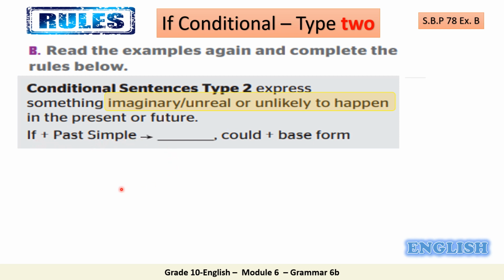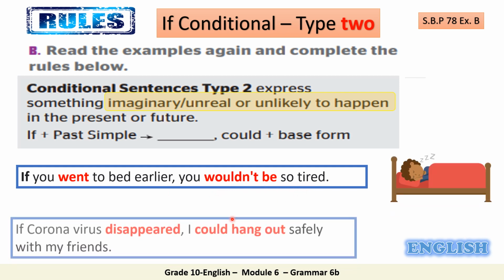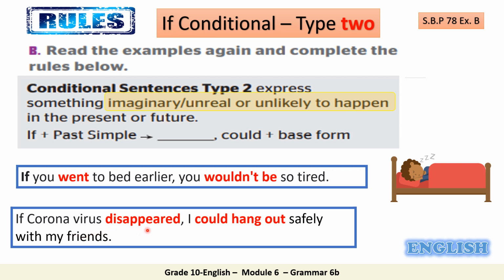Now let's read the following sentences to find out what we can use in the main clause of if conditional type 2. Sentence number 1. If you went to bed earlier, you wouldn't be so tired. Number 2. If coronavirus disappeared, I could hang out safely with my friends. Now I want you to pause the video for a while.